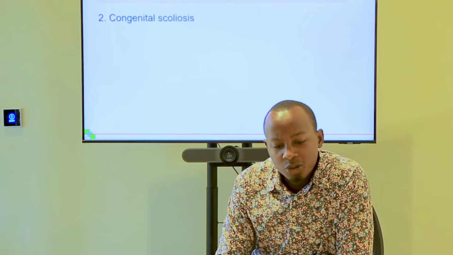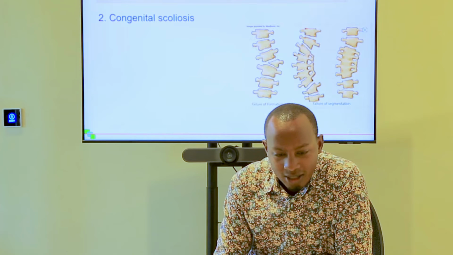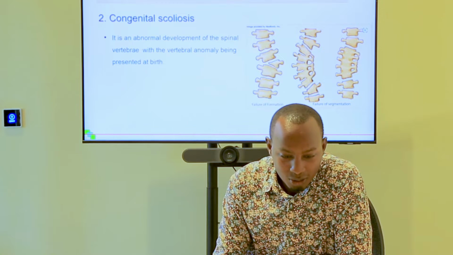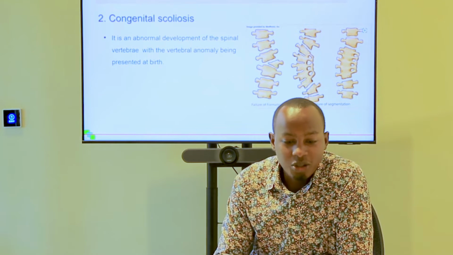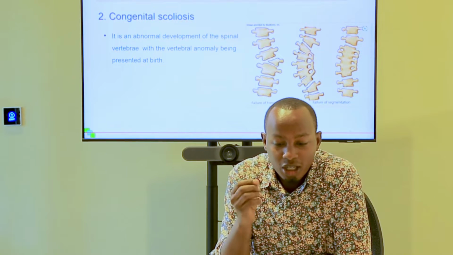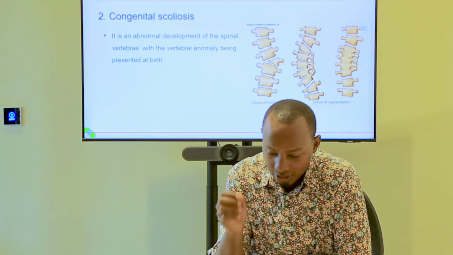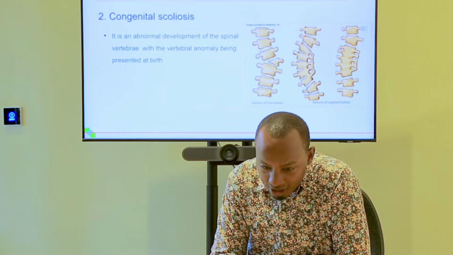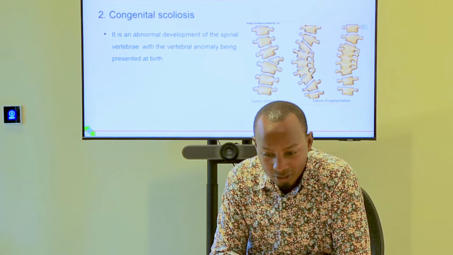How about congenital scoliosis? As from the word congenital, it's something you are born with or present at birth. So it's an abnormal development of the spinal vertebrae, with the vertebral anomaly being present at birth. When we look at this picture, we can see this vertebra wasn't formed fully.